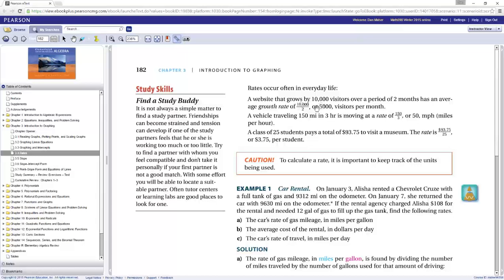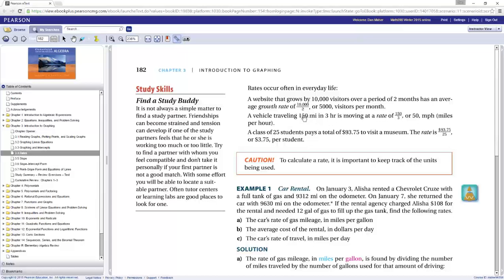Like in this website, it says it grows by 10,000 visitors over a period of 2 months. Well, the rate usually is the divisor of the fraction. In a rate, they want it to be 1. So what they do is they really reduce this fraction in a case like this, though that's not always the case.